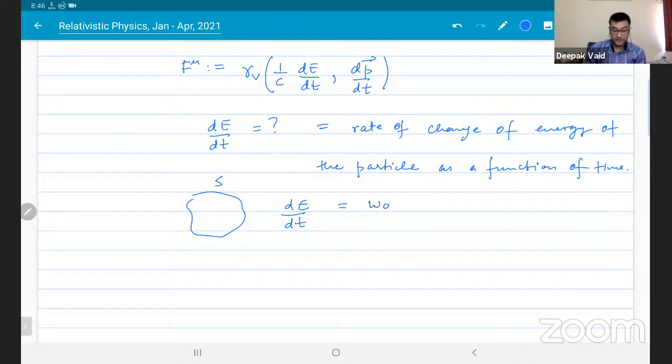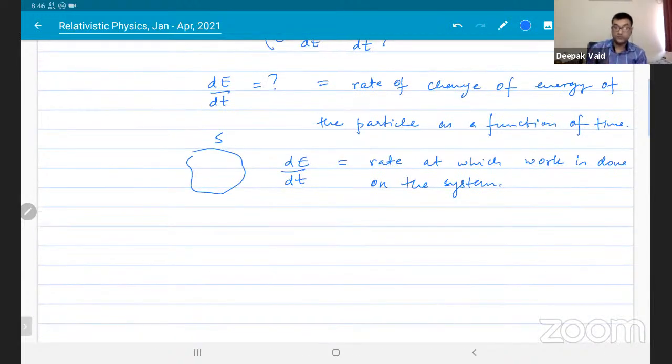Well, this can be interpreted as the rate at which work is done on the system, right? So if you do some work on the system, what will happen? The energy of the particle of the system will change, right? So you have this relationship.